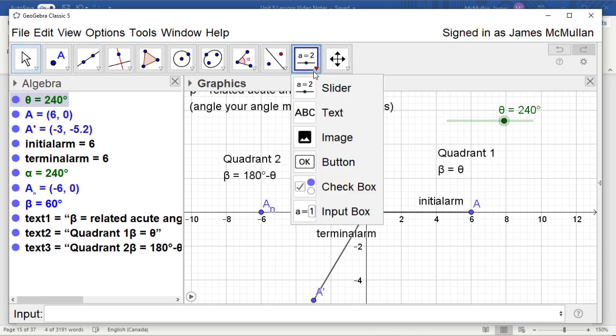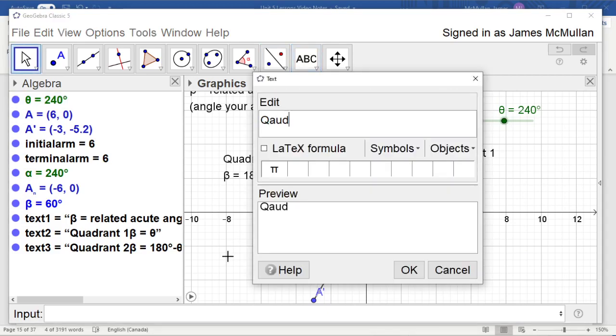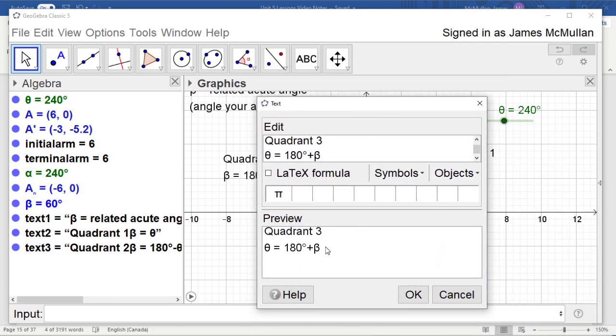How is the beta, the small angle, related to it? In quadrant 3, theta is 180 degrees plus beta. I've been isolating beta, so let me isolate beta then.